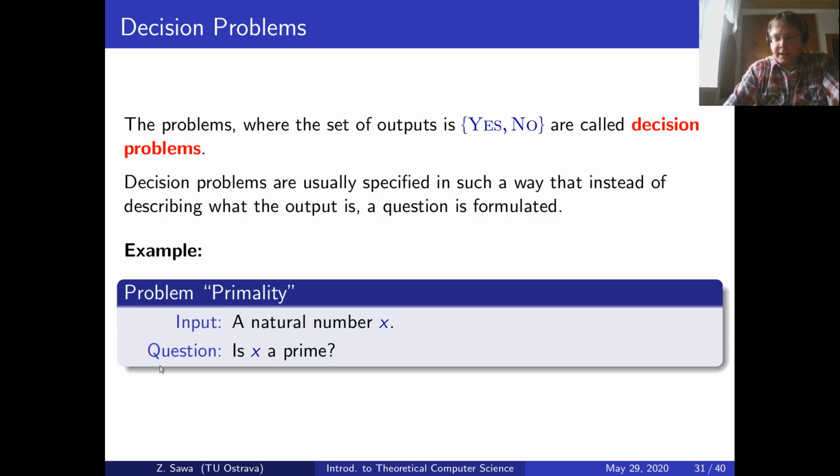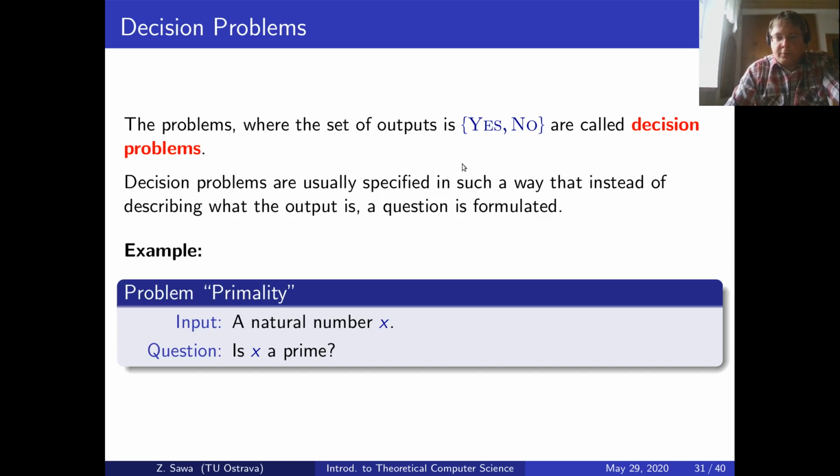In case of questions we implicitly assume that the output is yes or no, or true or false, or 1 or 0. Just one bit of information is the output. Such problems are called decision problems.